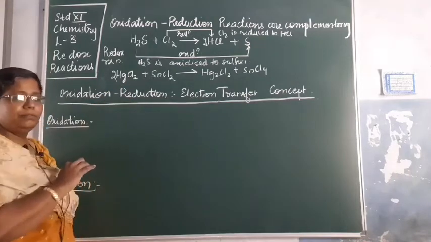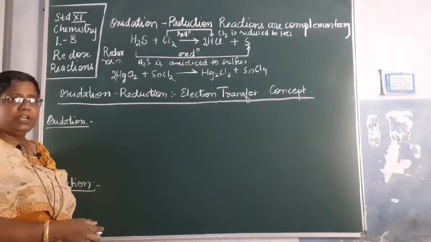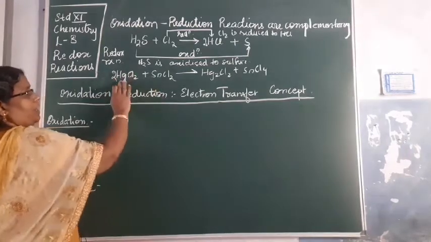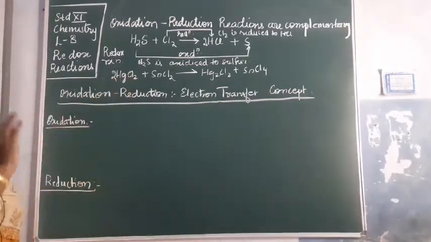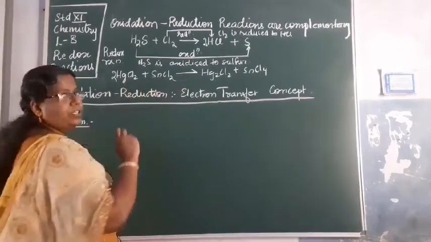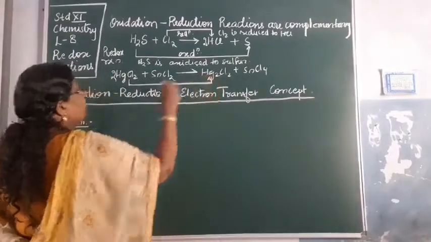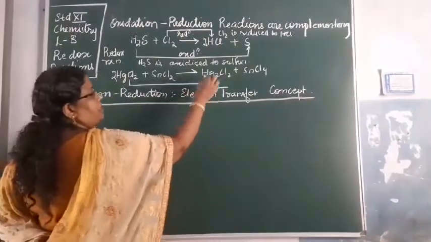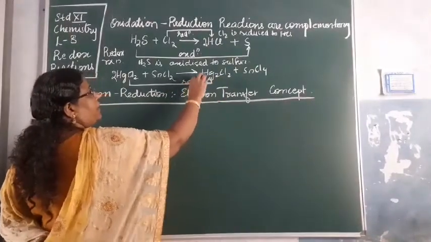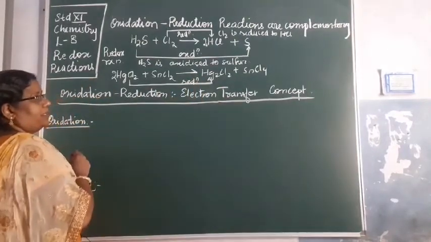Similarly, we learned in previous reactions that addition of an electropositive element, addition of H, will be called a reduction reaction. So here this is the reduction reaction. HgCl2 will be reduced to Hg2Cl2. This is your reduction process.